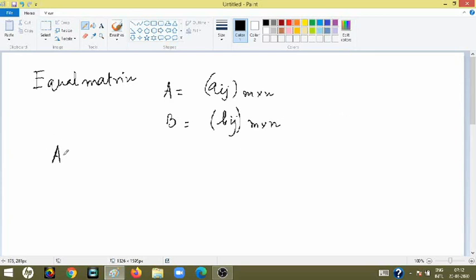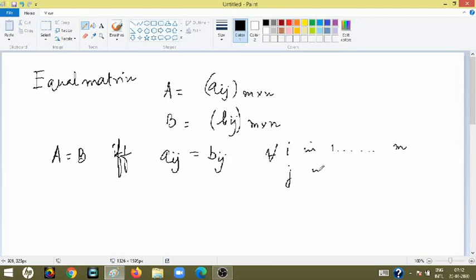Then A equals B if and only if Aij equals Bij for all i in 1 to m, j in 1 to n.